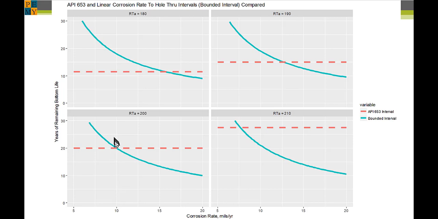And what we see here is that if the linear corrosion rate exceeds 10 mils per year, you will hole through under the linear corrosion rate model. These plots pretty much summarize everything that we've talked about up to this point. This is fully documented in our white papers on our website.